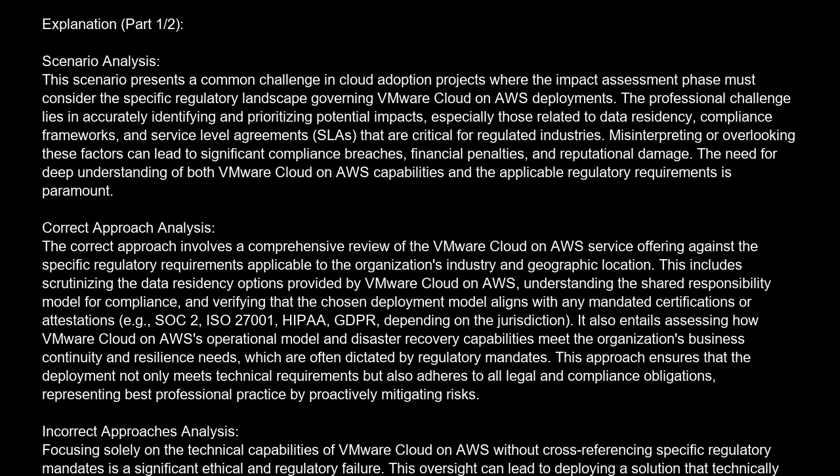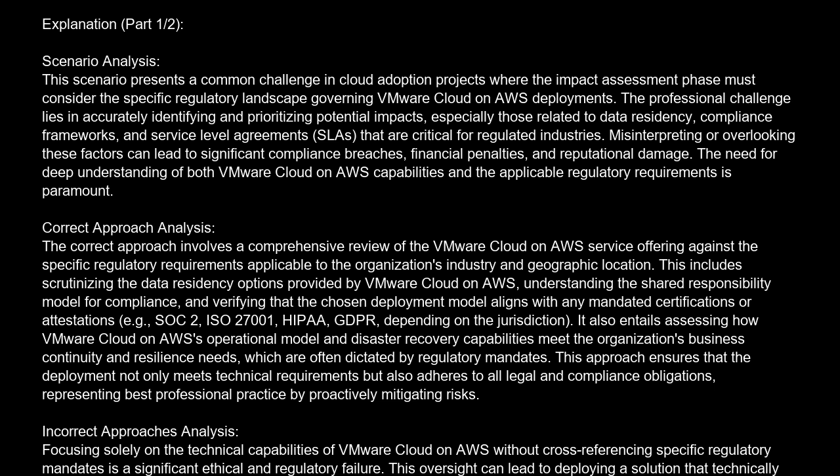The need for deep understanding of both VMware Cloud on AWS capabilities and the applicable regulatory requirements is paramount. Correct approach analysis. The correct approach involves a comprehensive review of the VMware Cloud on AWS service offering against the specific regulatory requirements applicable to the organization's industry and geographic location.